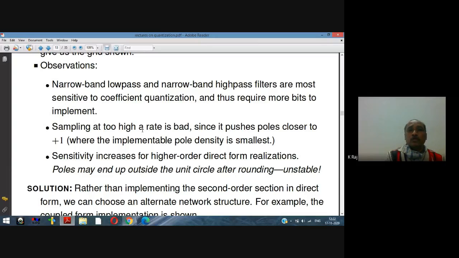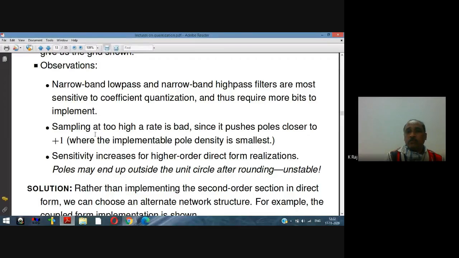Sampling at too high a rate is bad, since it pushes poles closer to +1, and if they are closer to +1, it means the implementable pole density is smallest there. So in this smallest pole density range, we try to avoid this region.